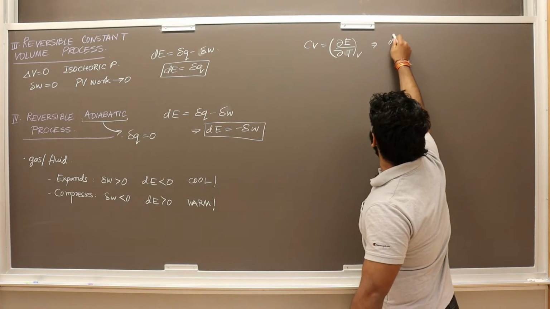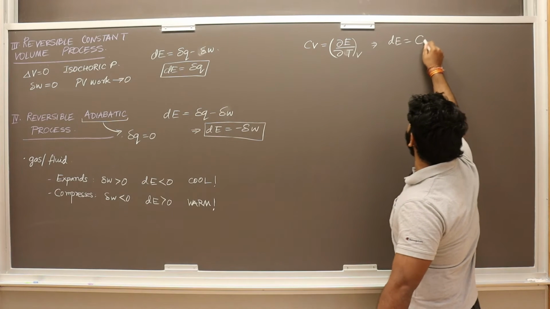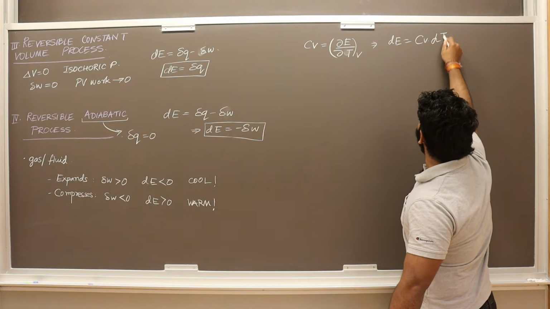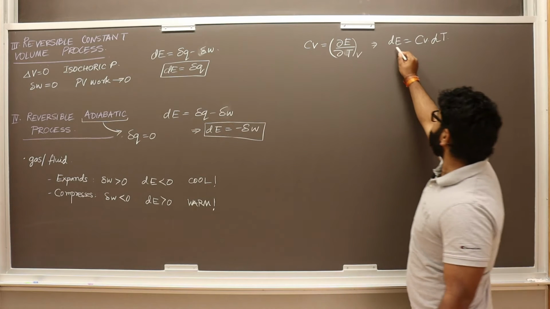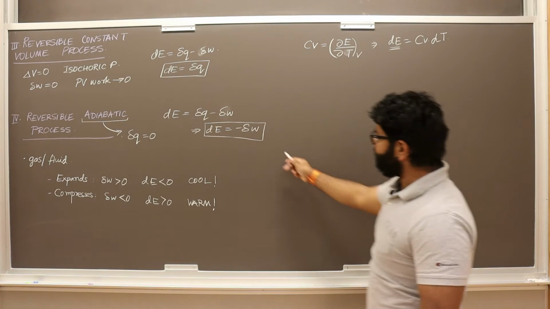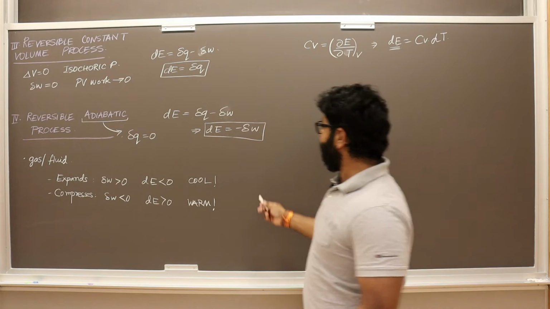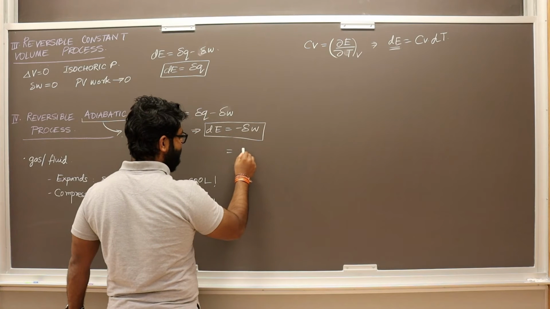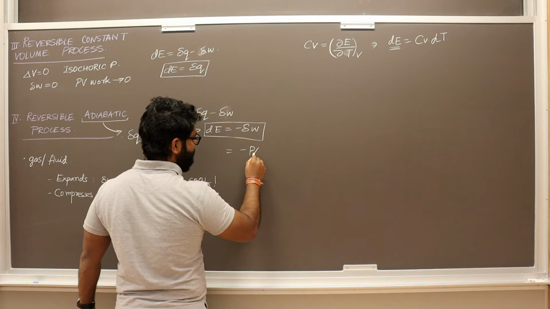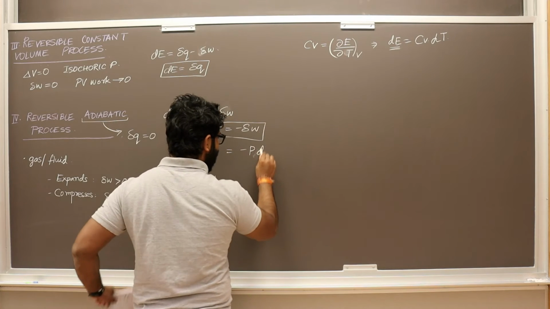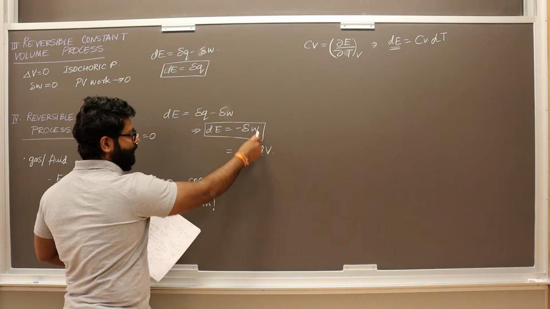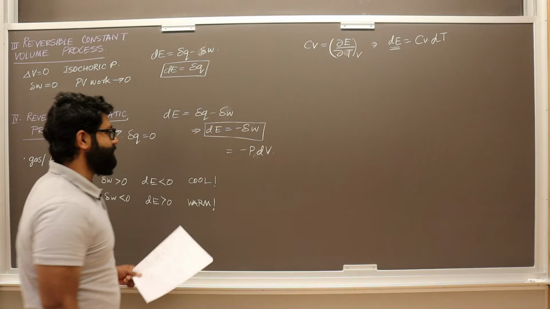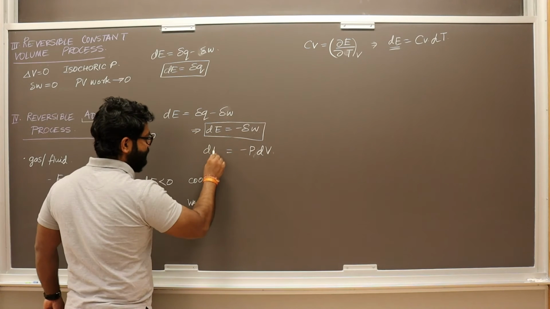By this, dE became CV dT, right? Now, this dW is basically P dV, right? So work is P dV, and the negative sign is in here.